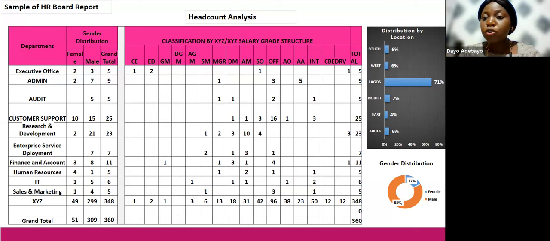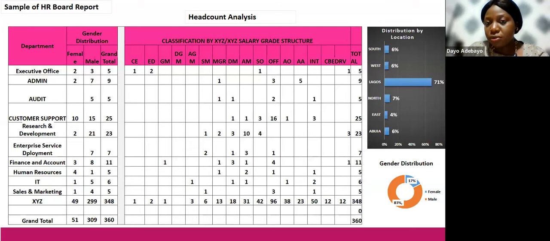Another way is, on the right-hand side, you could also show them, if your organization has branches all around the country, the distribution by location.